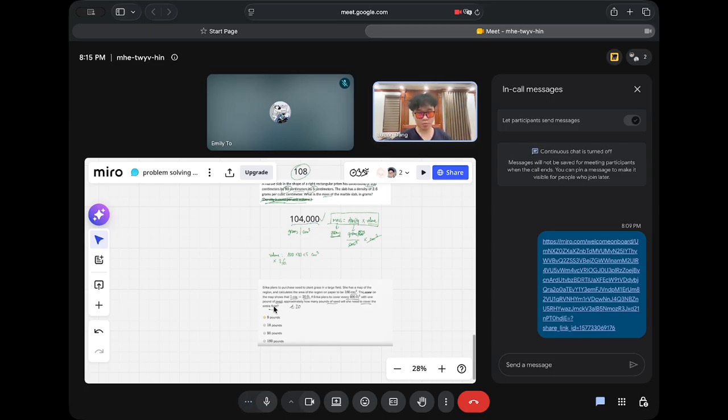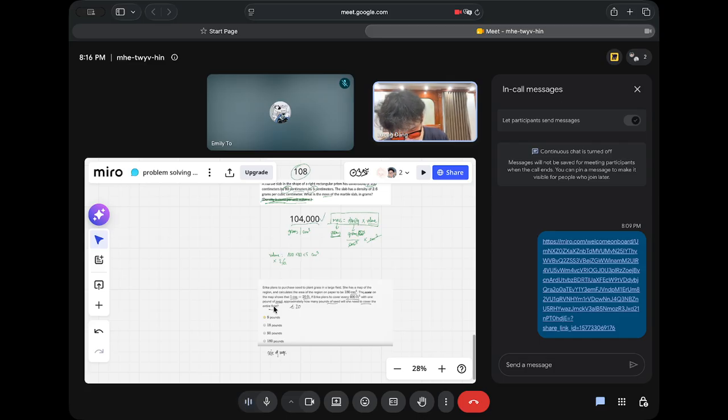So to solve this problem, we need to do 2 steps, right? First, we need to calculate the whole map. They show us the size of the map.